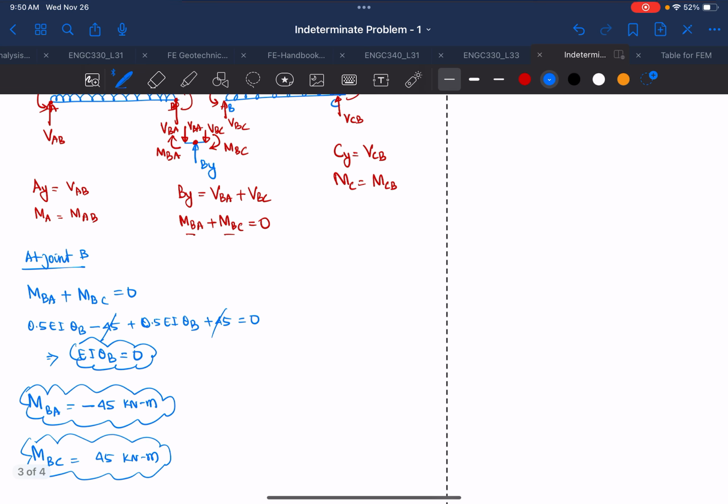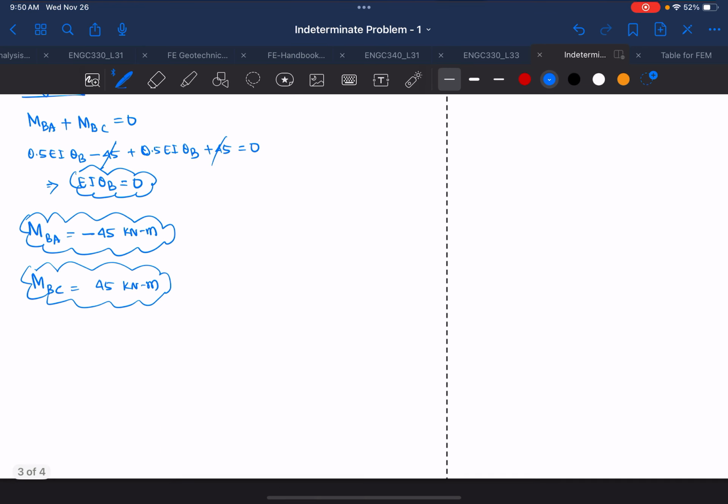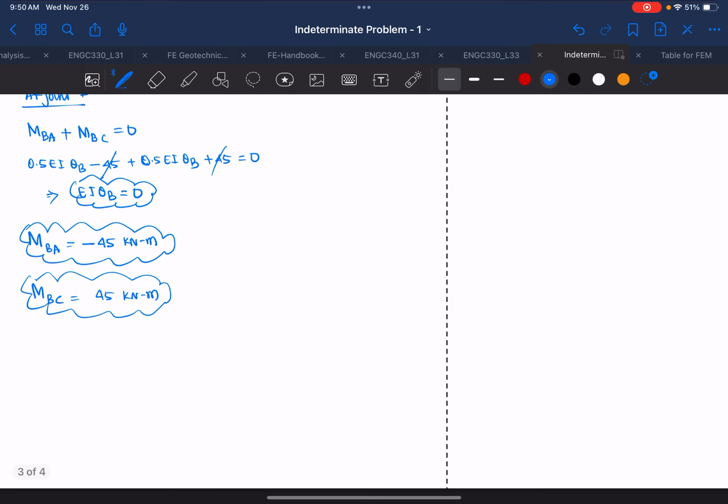And now what do we do knowing all the moments? Now, knowing all the moments, we can finally solve for this case, because we know this, we know this. Okay, so you can also write here just for your sake, MAB is equal to 0 and MCB is equal to 0.